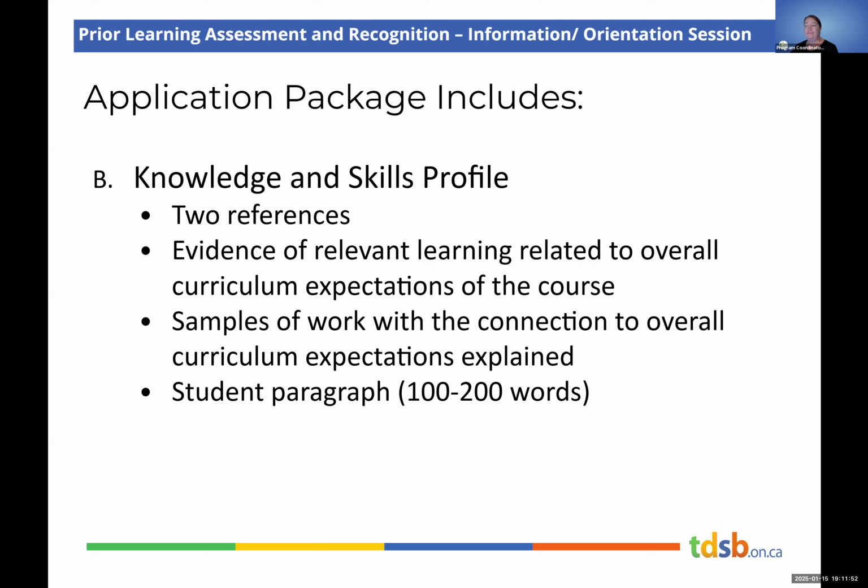Perhaps it's a video, audio, or writing samples of relevant work. This package might also include samples of work with a connection to overall curriculum expectations explained, and finally, a student paragraph of approximately 100 to 200 words.